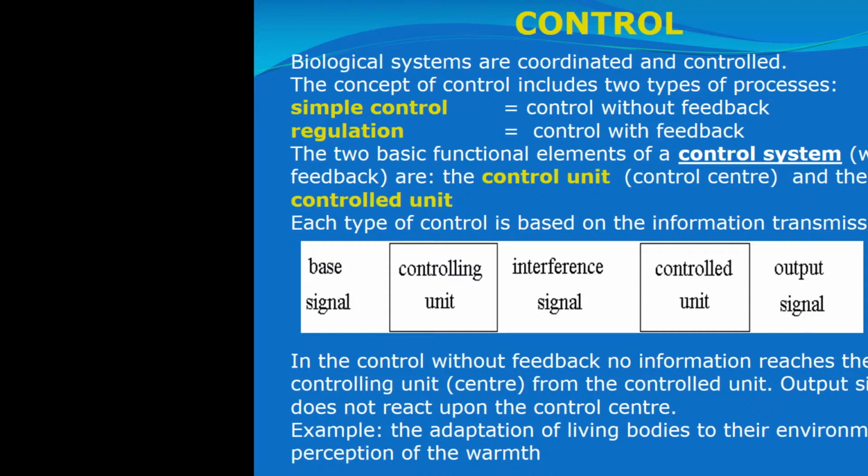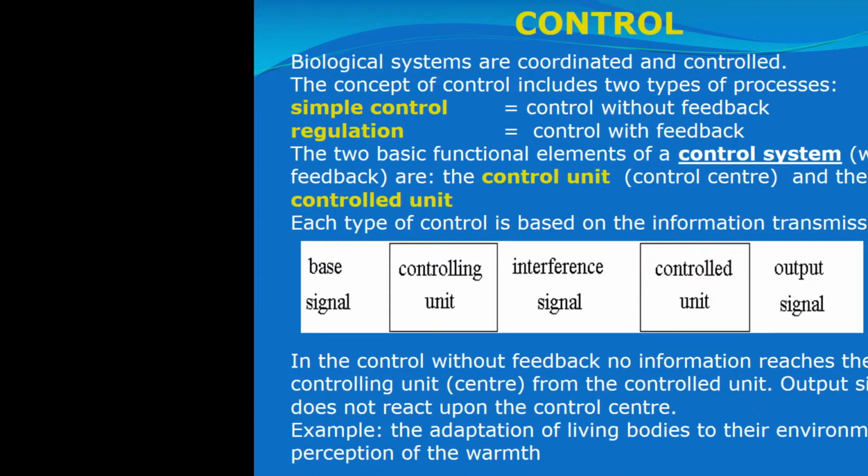Biological systems are coordinated and controlled. The concept of control includes two types of processes: simple control, which is control without feedback, and regulation, control with feedback. The two basic functional elements of a control system without feedback are the control unit, the control center, and the controlled unit.